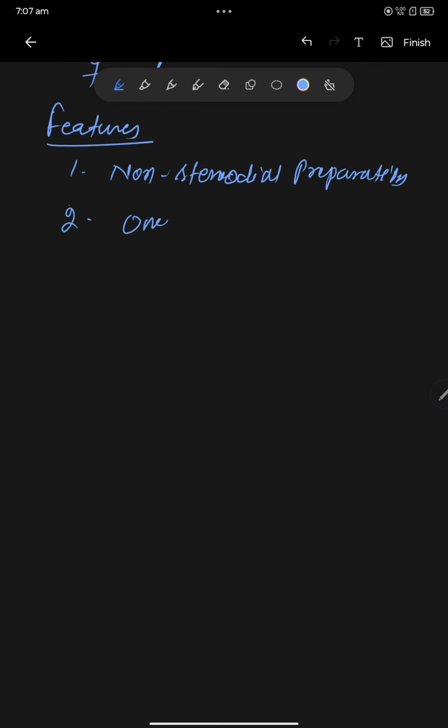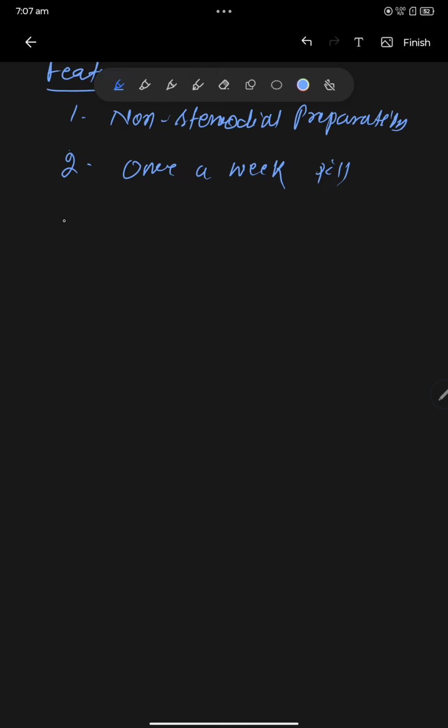Once a week pill. Very few side effects. And next one is high contraceptive value.